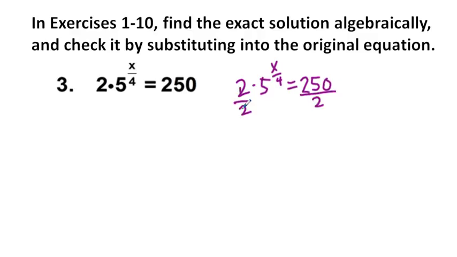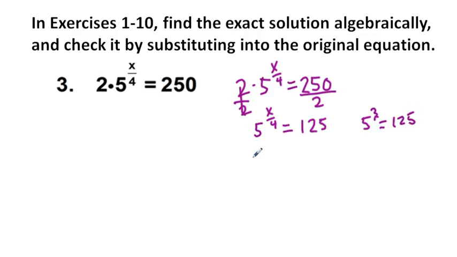And we do that, we have 5 to the power of x over 4 is equal to 250 divided by 2, which is 125. So can we rewrite 125 as a power of 5, since we have a base of 5 on the left side? Yes. 5 squared is 25, but 5 cubed, or 5 to the 3rd power, is equal to 125.